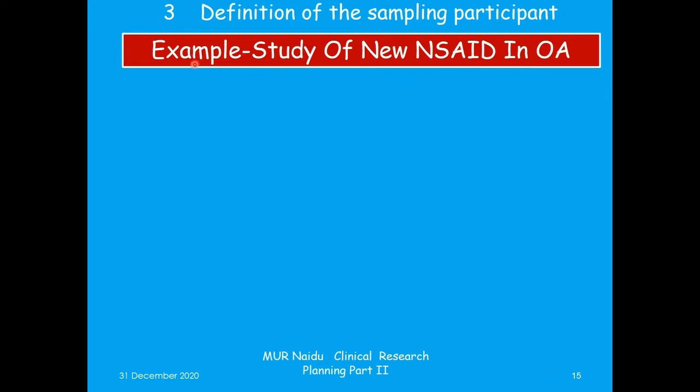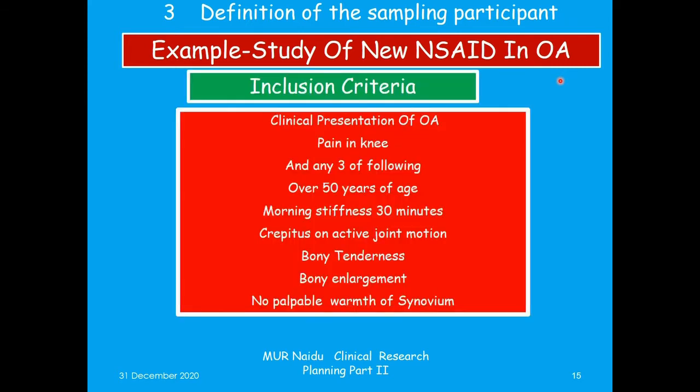The title of the study is to evaluate the effect of a new non-steroidal anti-inflammatory drug in osteoarthritis. The clinical presentation of osteoarthritis as per the American Rheumatological Association is that there may be pain in the knee and three of the following.